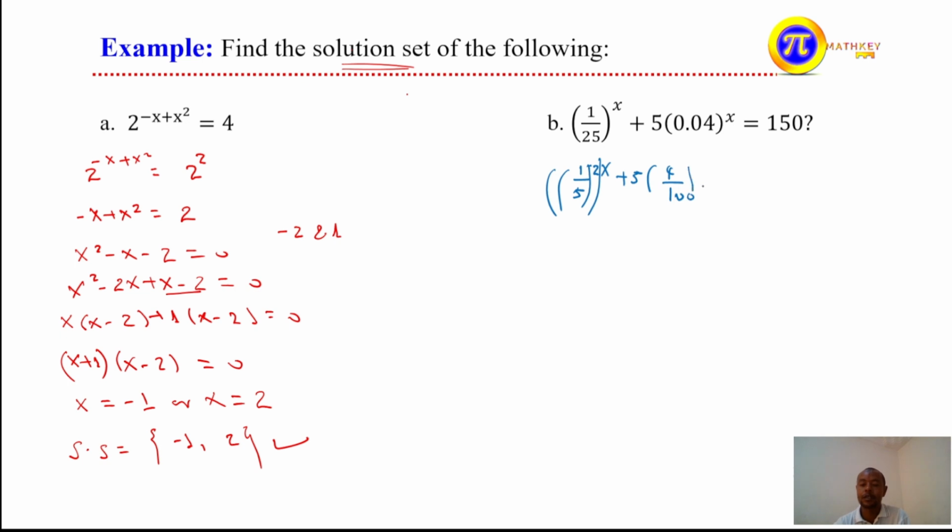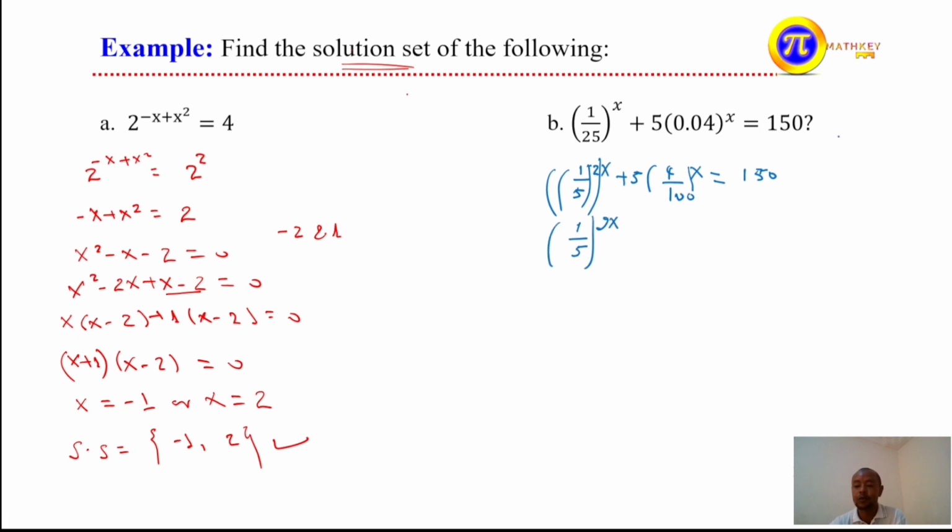To the power of x, which is equal to 150. Then 1 over 5 squared, the whole to the power of x, is equal to 1 over 5 to the power of 2x.